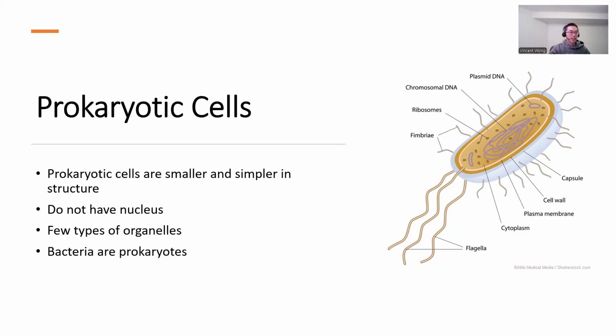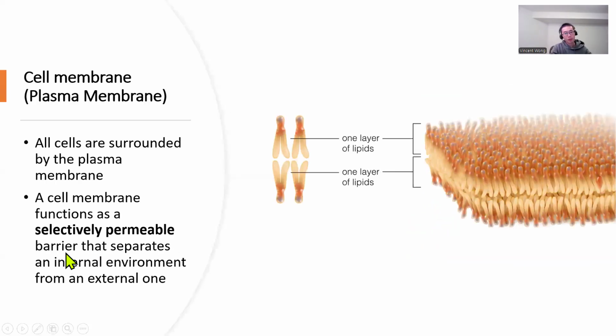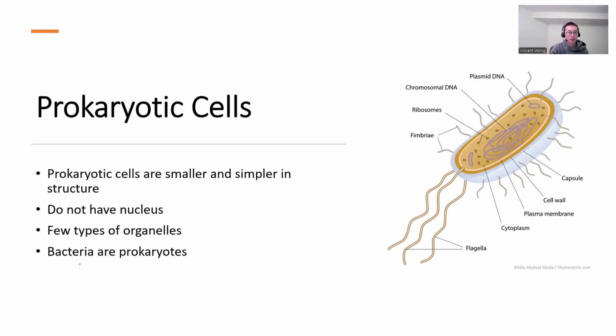Do you guys know any bacteria from the news or something? Usually they would say, oh, throw away your eggs because of contamination. Don't eat the salad because of contamination. Salmonella, that's right. Salmonella is a type of bacteria.